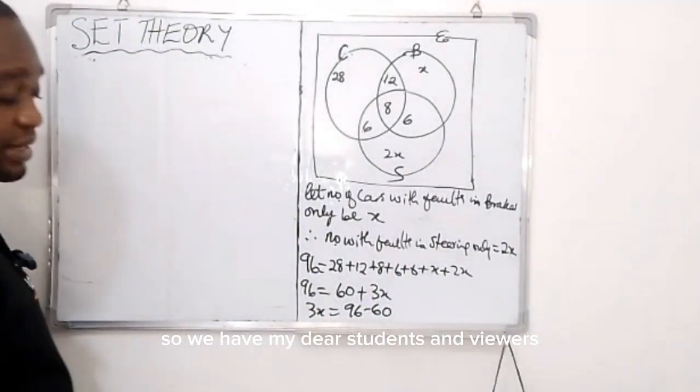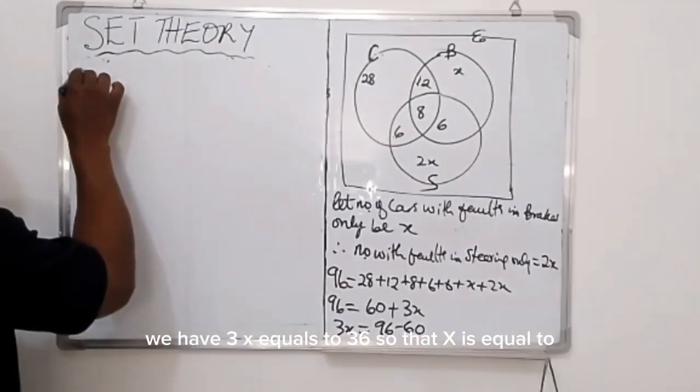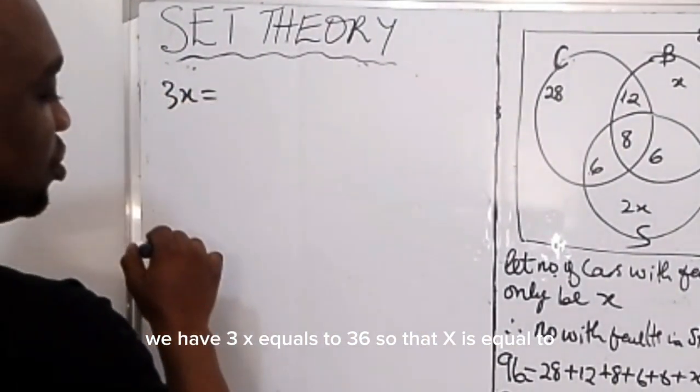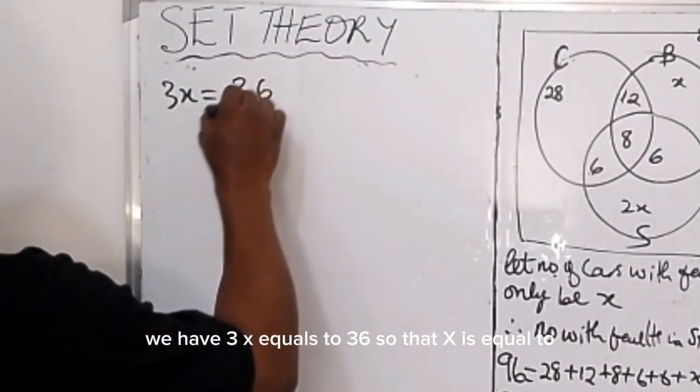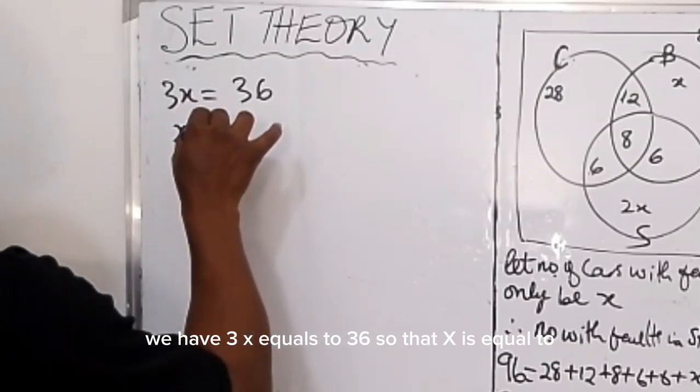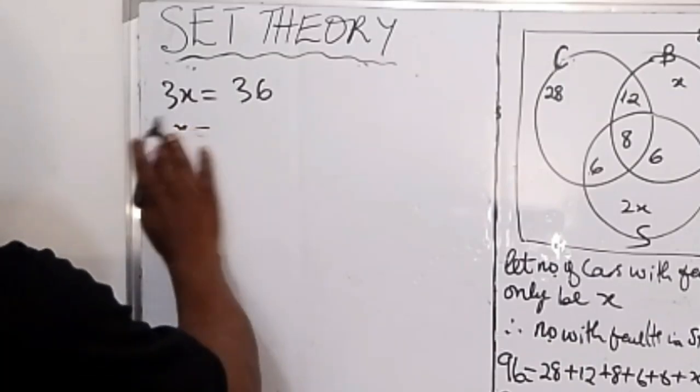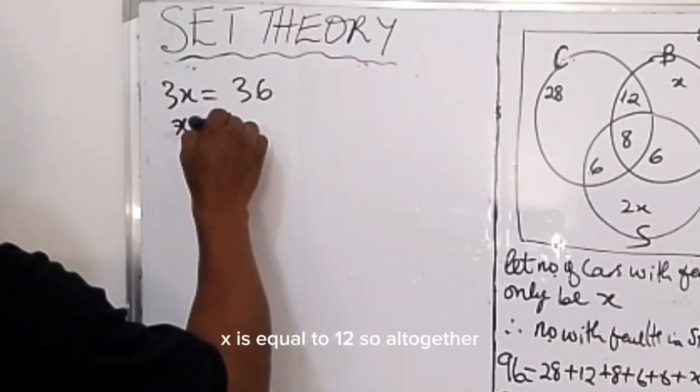So we have, my dear students and viewers, 3x equals 36, so that x is equal to 12.